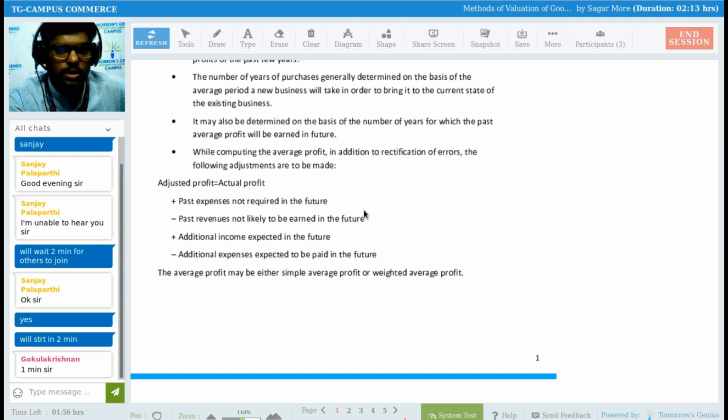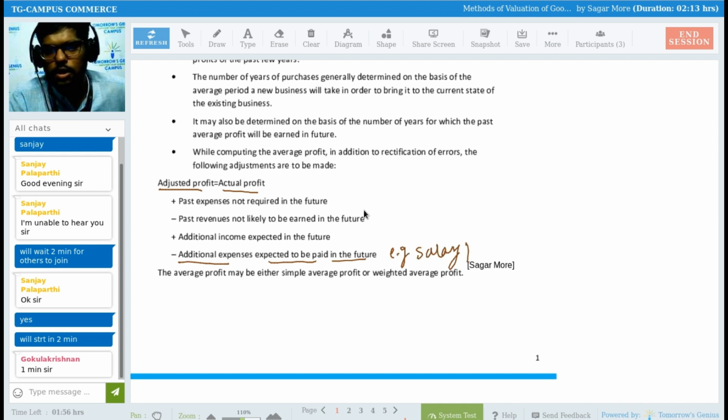So see here, what I am discussing is written over here. Adjusted profit is equal to actual profit, then additional expenses expected to be paid in future, we have to subtract. I give you the example of salary to employees, right?